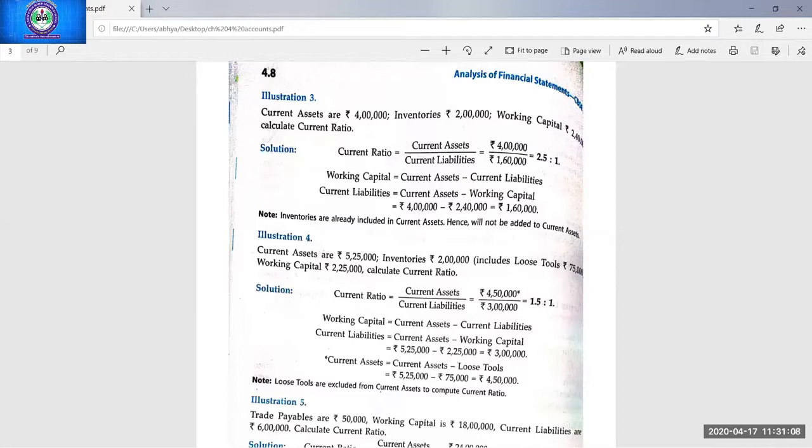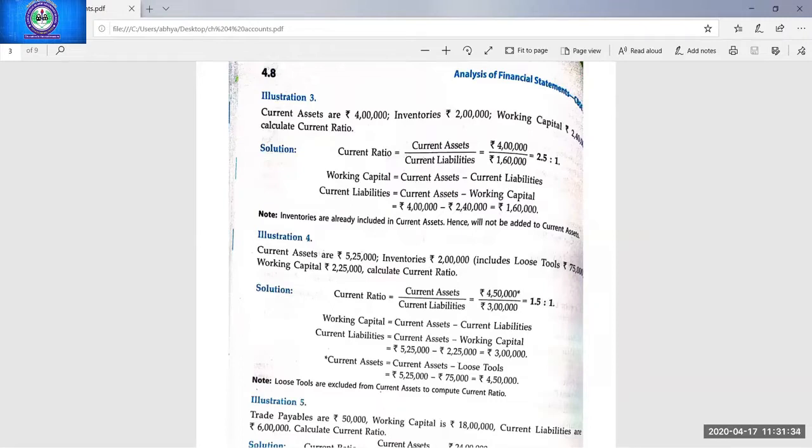Actually, the current assets are 5,25,000. You will not deduct loose tools here. You will deduct the loose tools when you put the current assets in the formula. I think most of you have committed this mistake. So 5,25,000 minus 2,25,000, which is the working capital, so the current liabilities are 3 lakh.